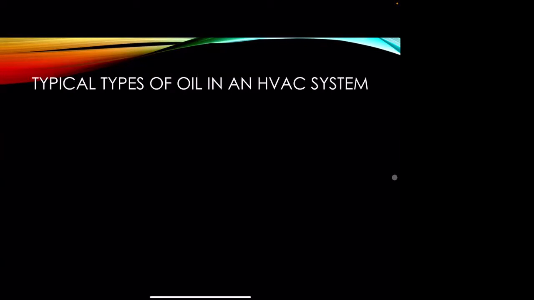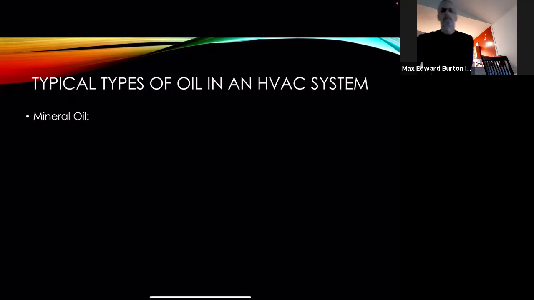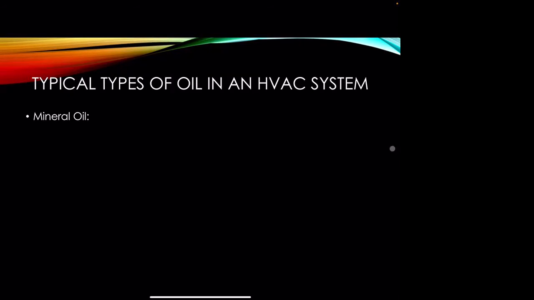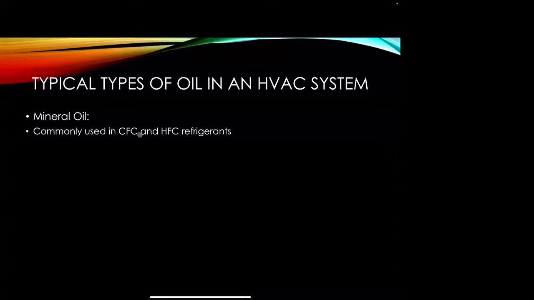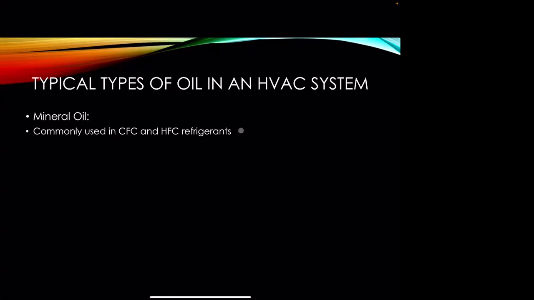So what are the typical types of oil? Mineral oil. What kind of refrigerants is mineral oil in? R22. Yeah, that's our biggest one that we'll see mineral oil in. It's commonly used in CFC and HCFC refrigerants, so R22. This mineral oil is not miscible with modern HFC and HFO refrigerants.